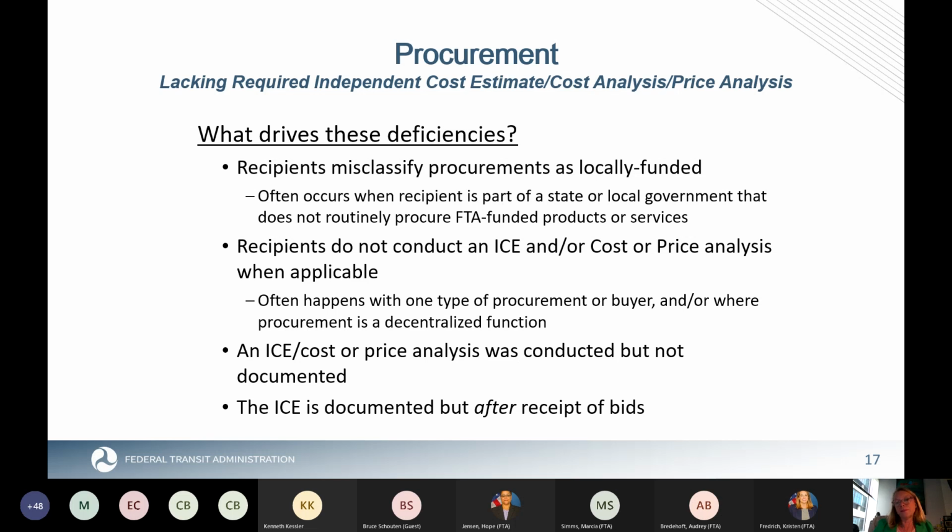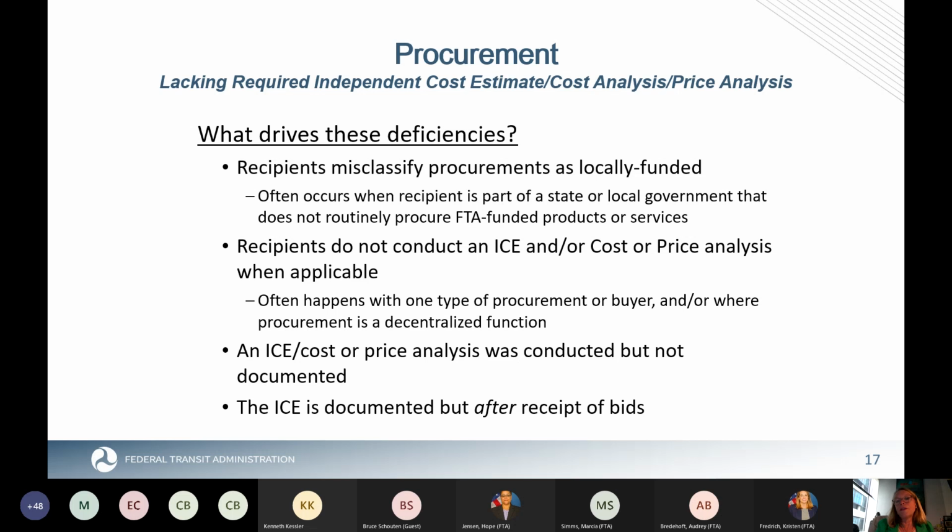So an important aspect of that requirement is that FTA considers a change order to be a procurement action. And so you need to be aware of anybody who might be conducting these procurement actions because they need to follow the requirement to conduct an independent cost estimate before receiving bids and a cost or price analysis after receiving bids or proposals.